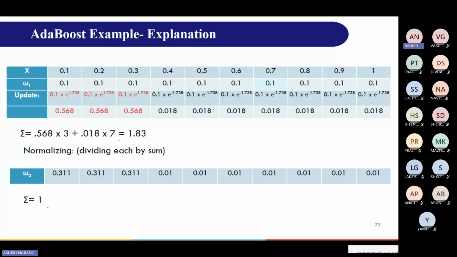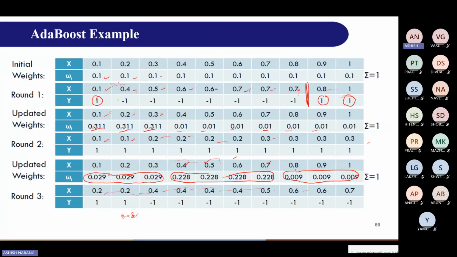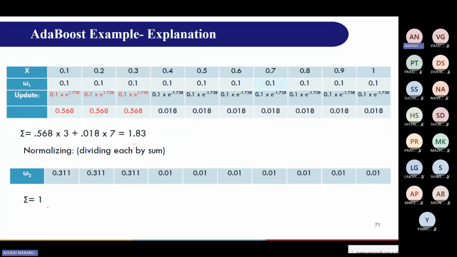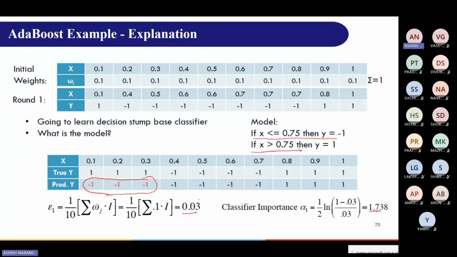So basically, how it is updating next time, if you remember, the weights came to 0.311, 0.311, 0.311. How did this come? That is what they're trying to explain. So 0.03 was the error from the first, and this is the model importance 1.738.